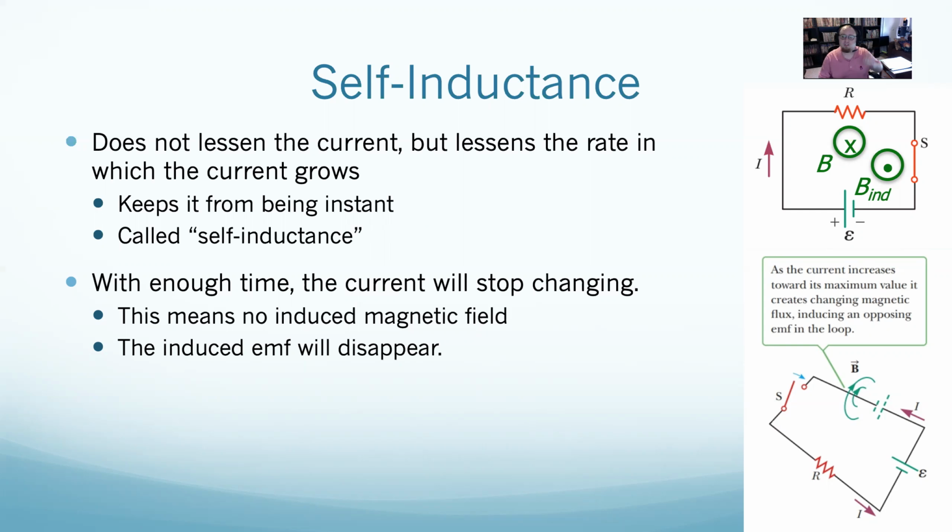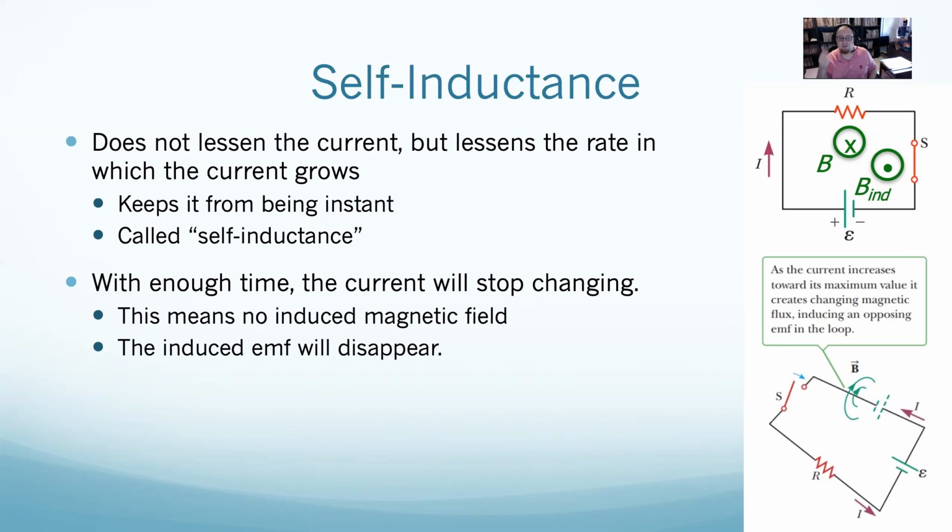What happens when you close this circuit is the electrons start moving. The electrons moving create a magnetic field. The creation of the magnetic field induces an EMF. The induced EMF opposes the electrons moving. But over time, it'll balance, and the magnetic field will stop changing.